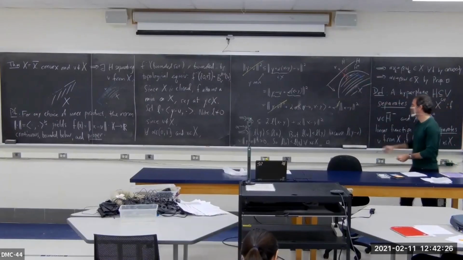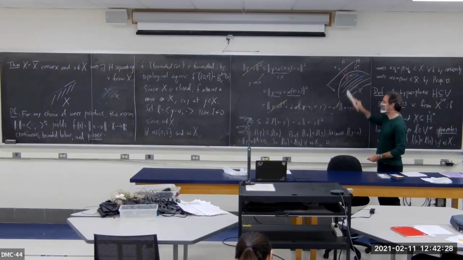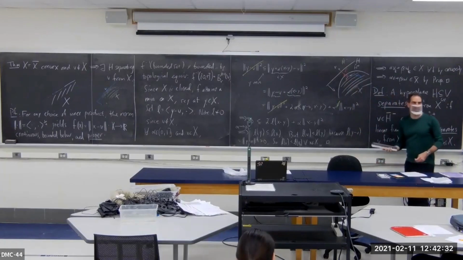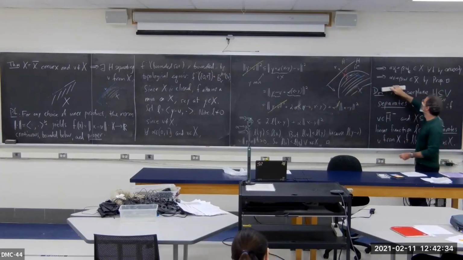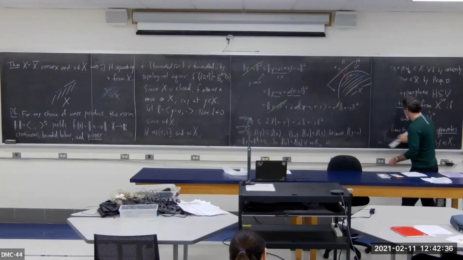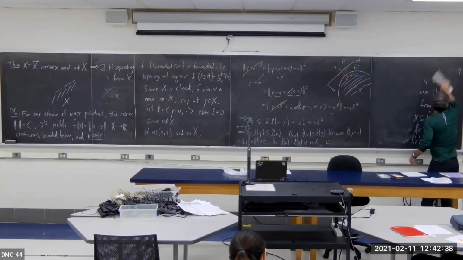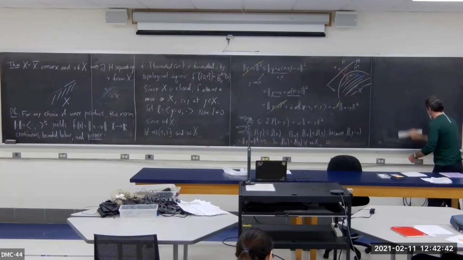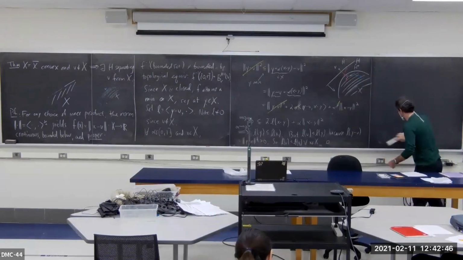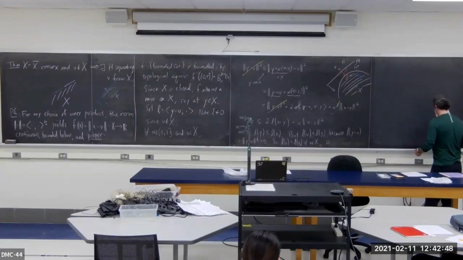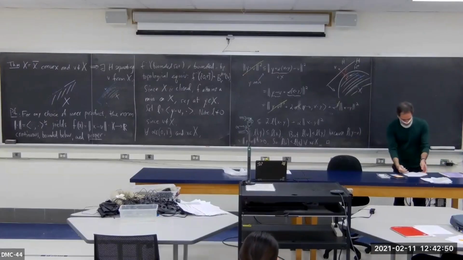So we use closedness to say that y is a minimum, and we use convexity to draw the line segment from y to x.